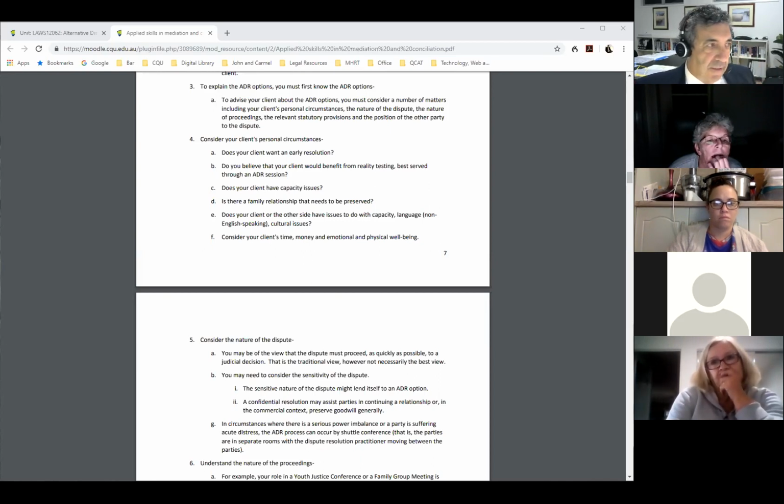So on the face of it, the dollar figure is the same, it's the same type of action, but you might want to consider family relationships and to see if they can be preserved.